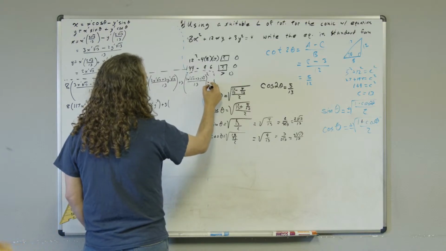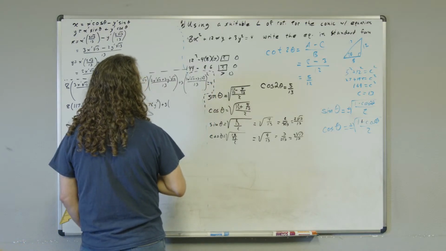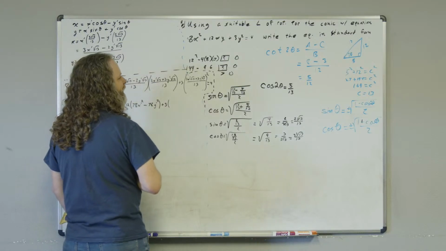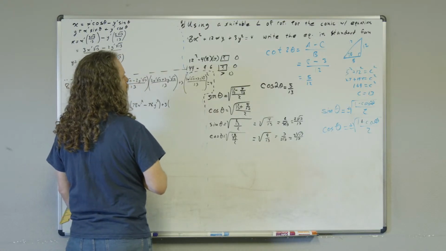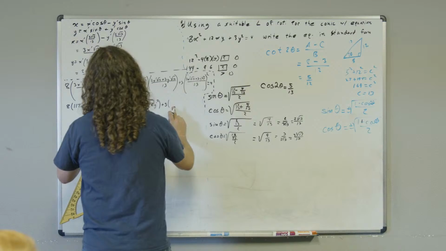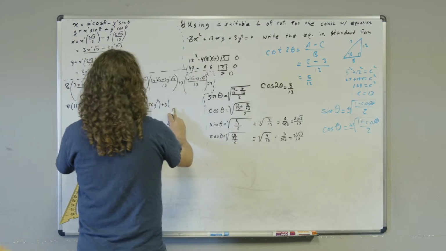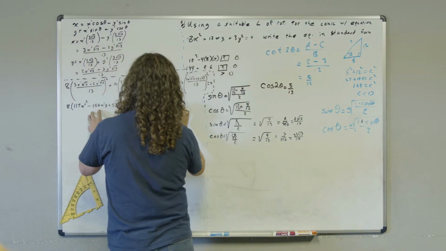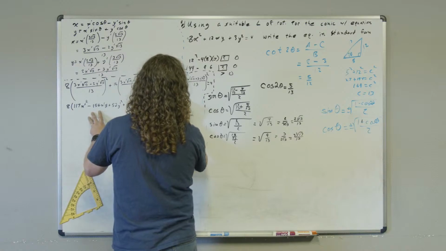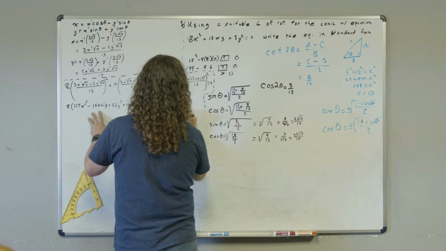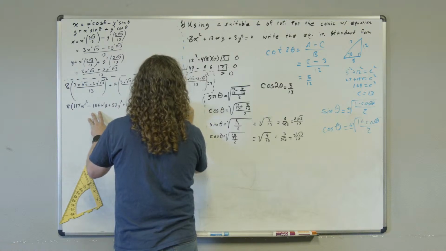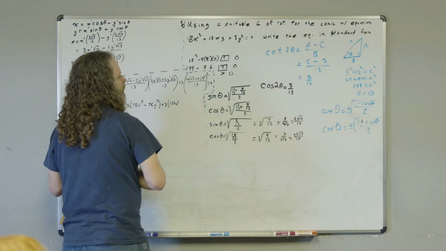all this equals 4, I suppose. 2 squared is 4. We did that already, right? 4, that's the 156. Six x prime squared.